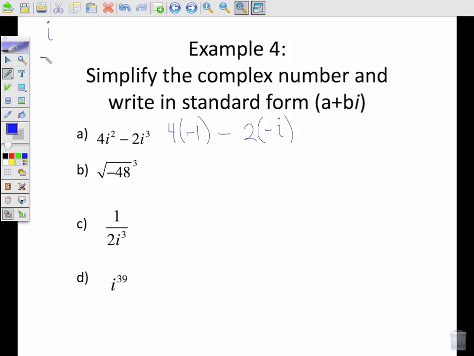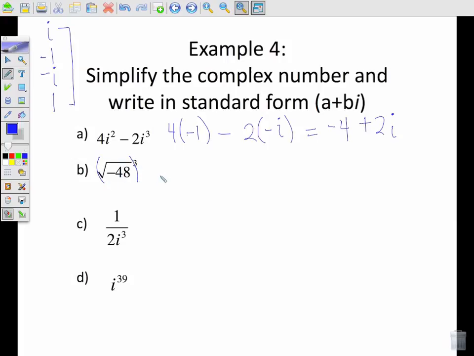Here's my list again. It starts out as an i, then it goes to negative 1, then negative i, and a positive 1. That's what repeats, the 1 through 4 there. This becomes negative 4, then plus 2i.